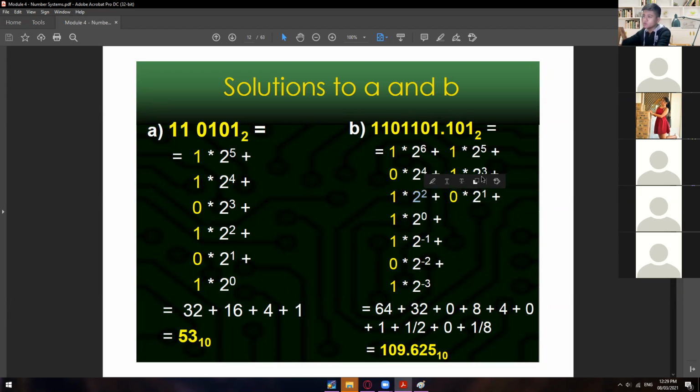And then for the fraction part, this one is raised to -1, the next one is raised to -2, and then raised to -3. So -1, -2, and then -3. And then again, just let the calculator do the math, and you will get 109.625. All right?